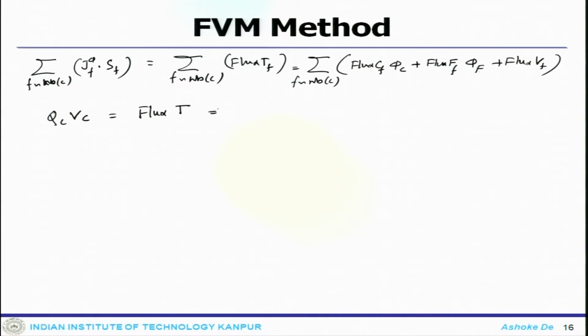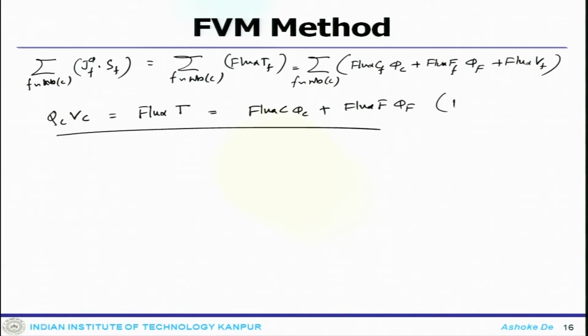So, if you write down the flux C phi c, the flux F phi f, it is a linearized equation. Now, if you have, let us say, a constant source term, what happens?